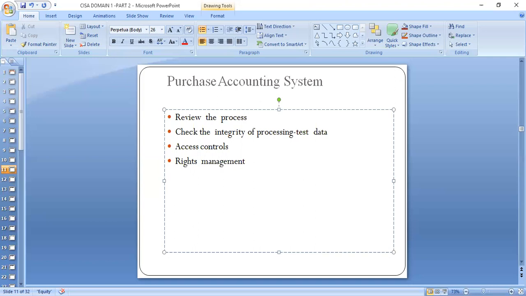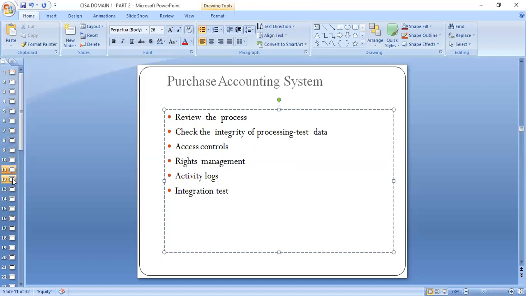Okay, we want to check for activity logs on the purchase accounting system. All right, you want to check maybe also handshake integration tests. Are there dependencies with the purchase accounting system? Are there other systems that feed into the accounting system, or that the accounting system is feeding into? You want to check the integrity of the handshake. Okay, and so on and so forth.